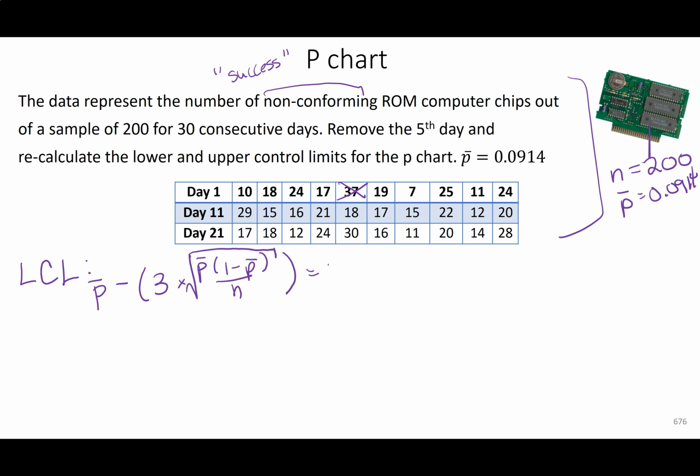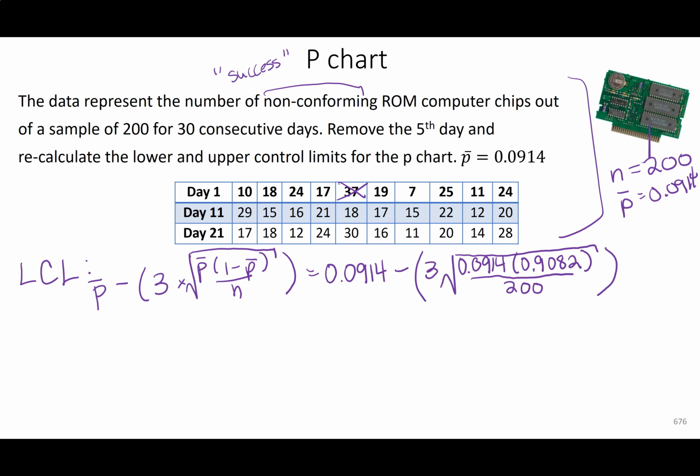So I'm going to have 0.0914 minus 3 times the square root of 0.0914 times 0.9082, I believe. Every once in a while I do this quick mental math and it could be off, so just a caution. Definitely double check that.